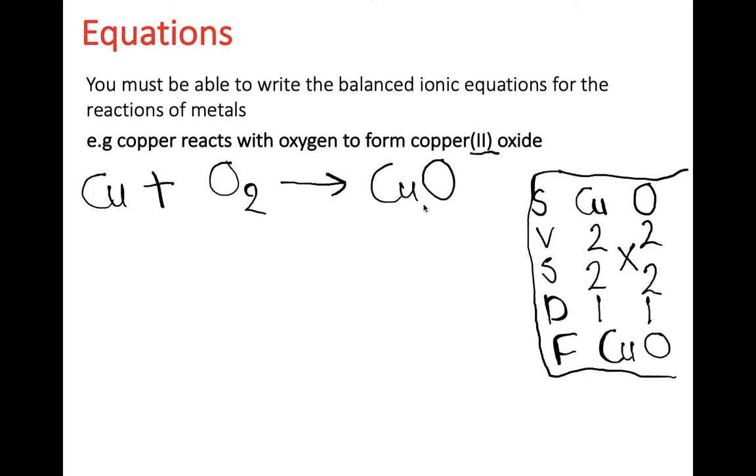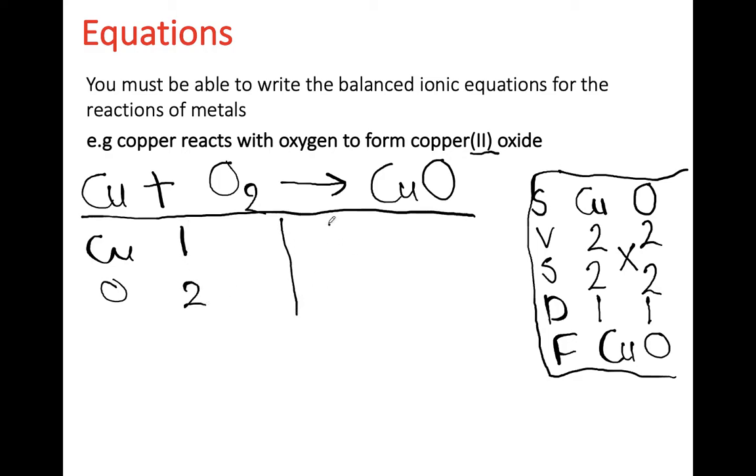So here is our equation. Copper plus oxygen gives copper oxide. So, is this balanced? No. We have copper, oxygen, we have 1, we have 2. On this side we've got copper, oxygen, 1, and 1. So my coppers are balanced, but my oxygen is not.